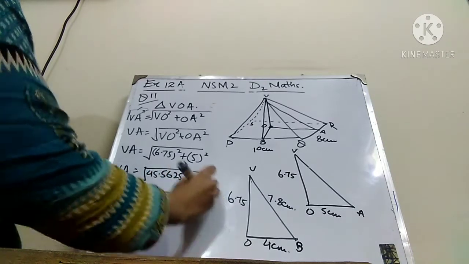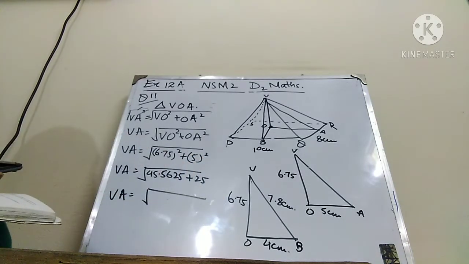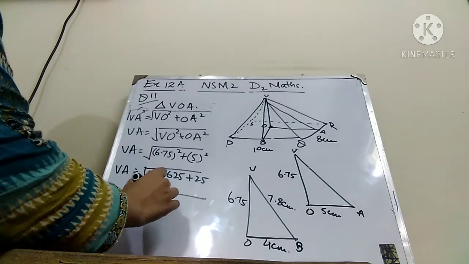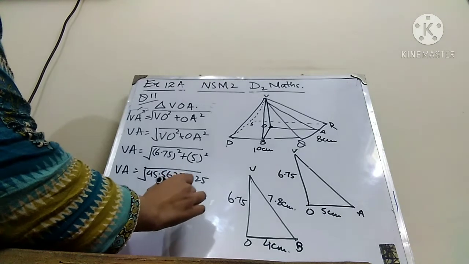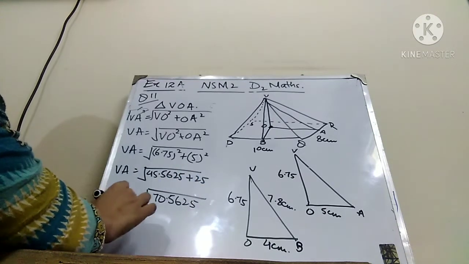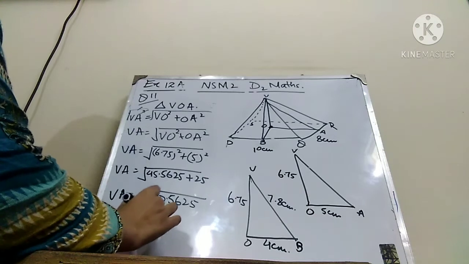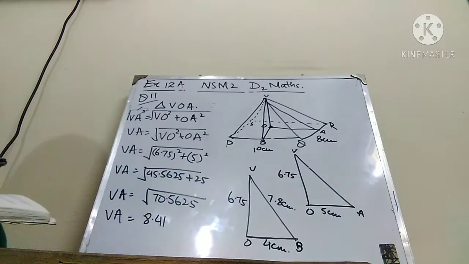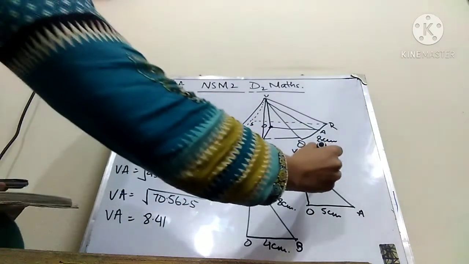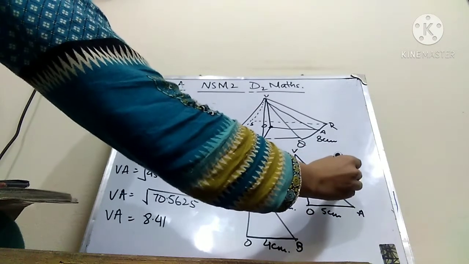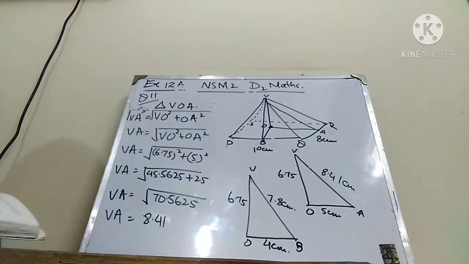Now I will add 25 to it and I will get 70.5625. Now I will take the square root of this and I will get 8.41. Alright students, so here VA is 8.41 centimeter.